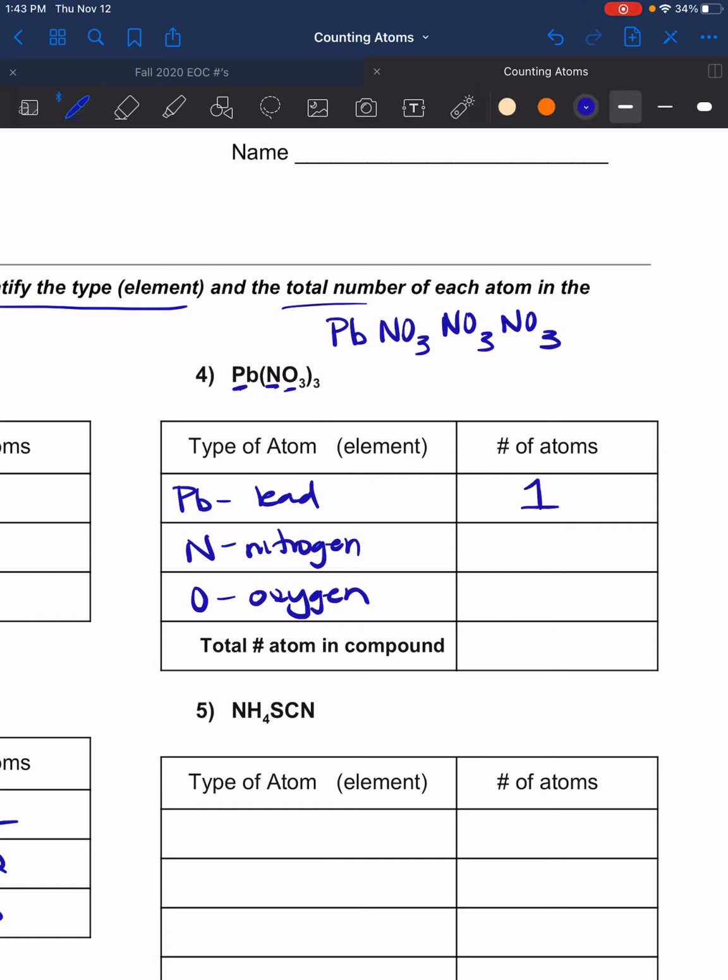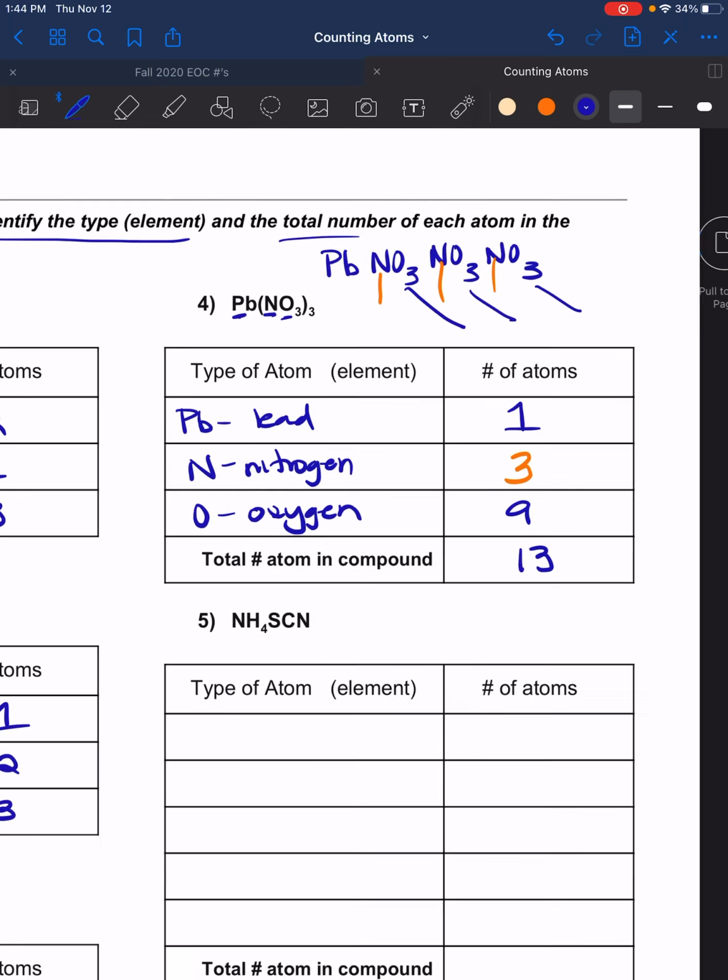So there's only 1 lead. The nitrogen is attached to that subscript, but we expanded it, so there's 1 there, and 1 there, so we have 3. And then if we count the oxygens, there's 3, plus 3 is 6, plus 3 more is 9. So 1 molecule of Pb(NO3)3 has 13 atoms.